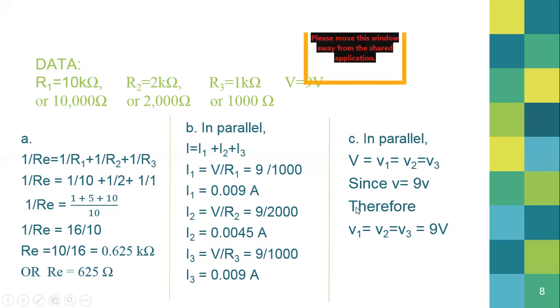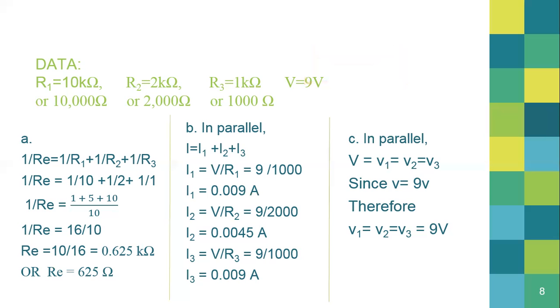In the third part of the question, find out the potential difference across each resistor. If you remember, the potential difference across each resistor is the same as the voltage of the battery. So it is not necessary to find the potential difference by calculation. Just write the reason.